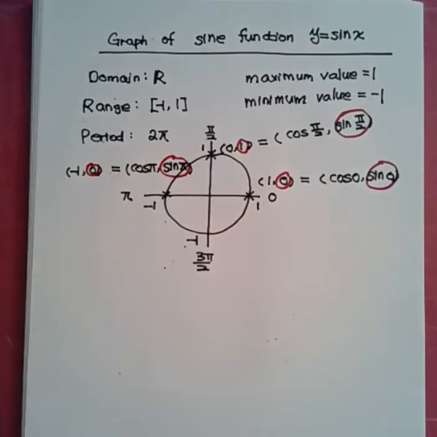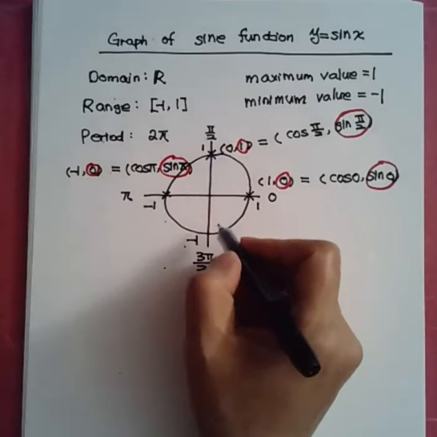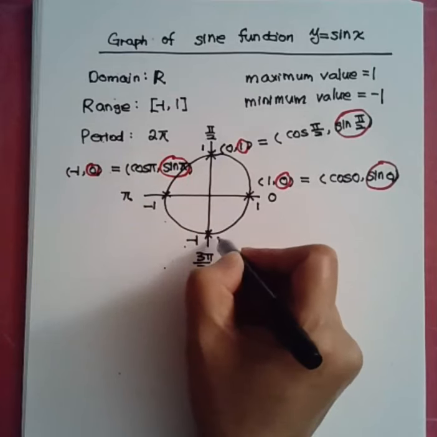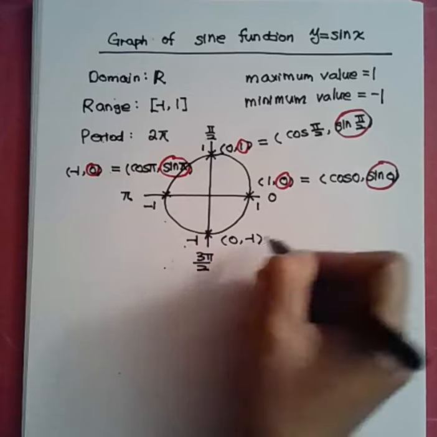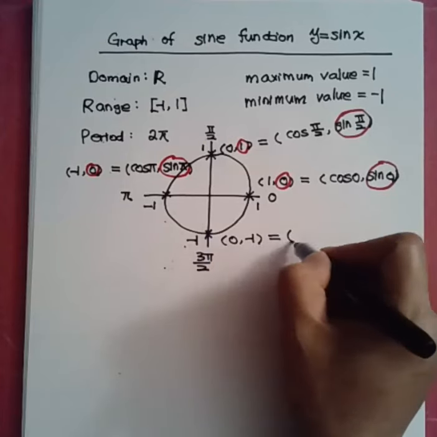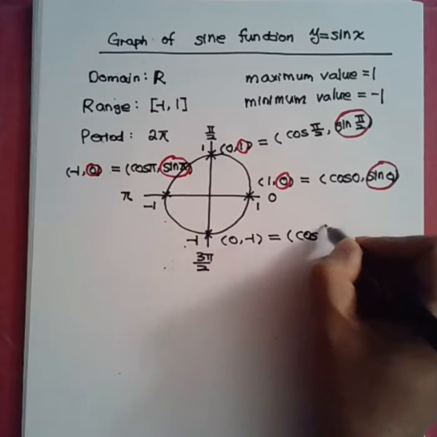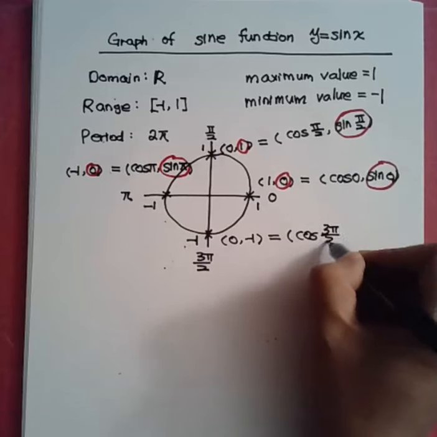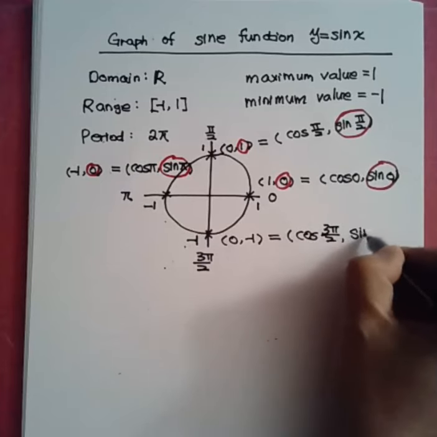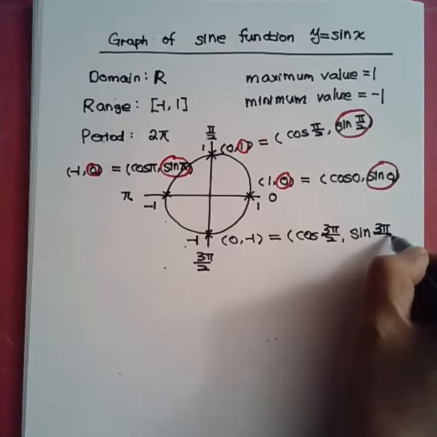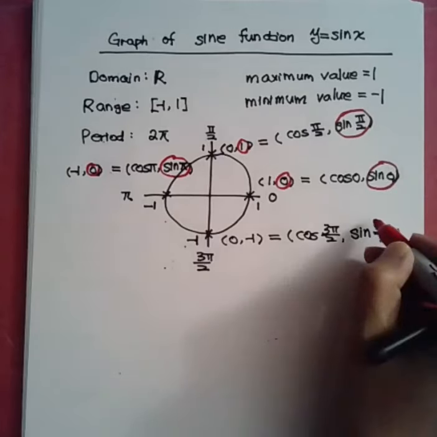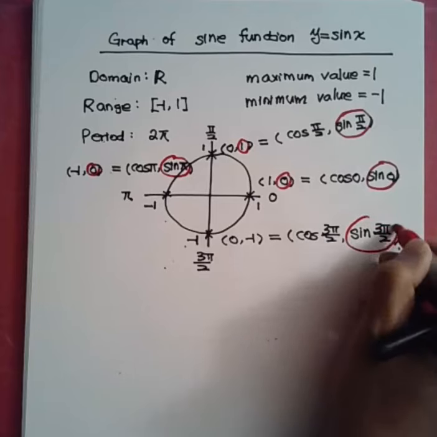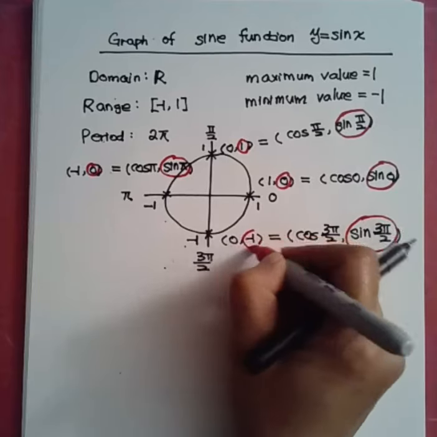The coordinate of this is (0, -1), and that can be written as cosine of 3 pi over 2 and sine of 3 pi over 2. So the sine value at 3 pi over 2 is -1.